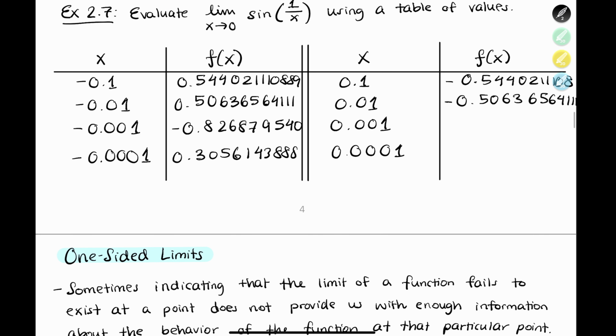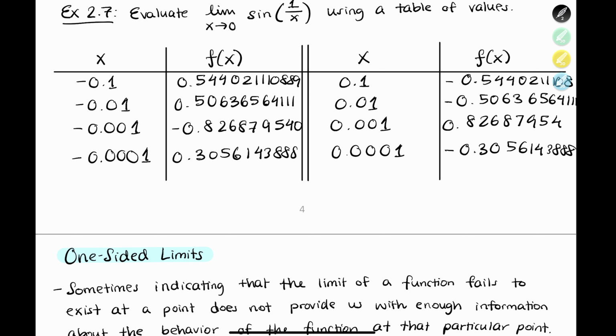Two more: f of 0.001 is 0.8268795, and it keeps going on. And then f of 0.0001 is negative 0.305614 and then a bunch of 8s.